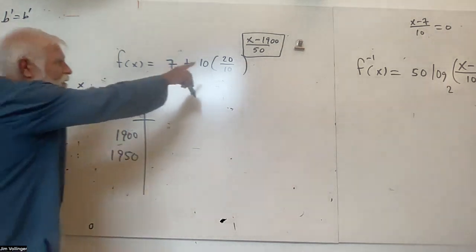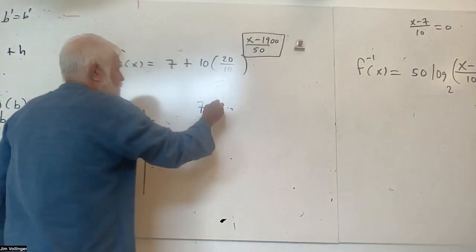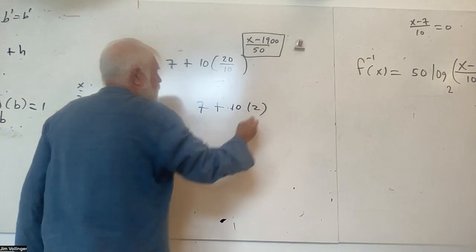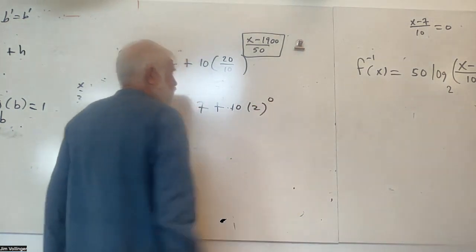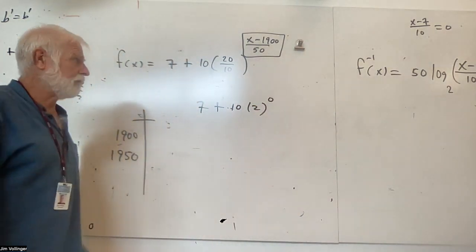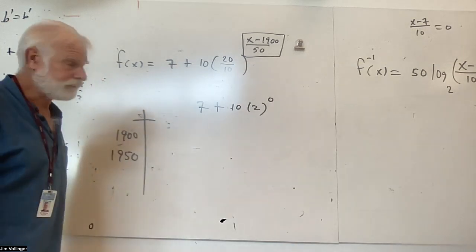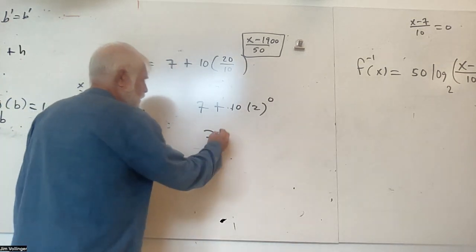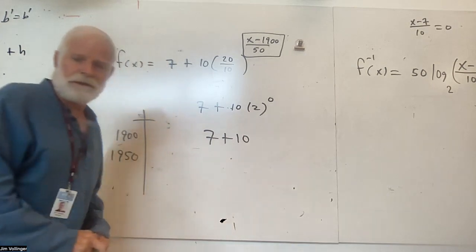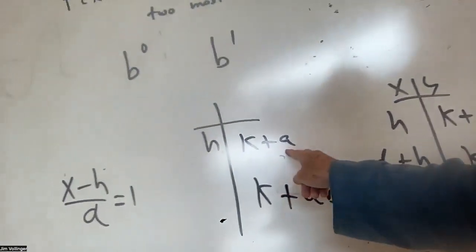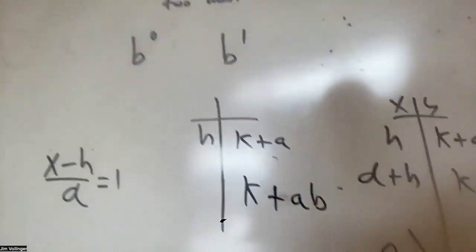So what happens when I put 1900 in? I get 7 plus 10 doubled to the 0. 2 to the 0 is what? 1. So I get 7 plus 10. Is that two numbers, just like k plus a? Yup.